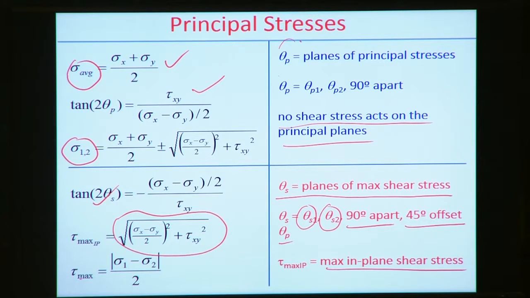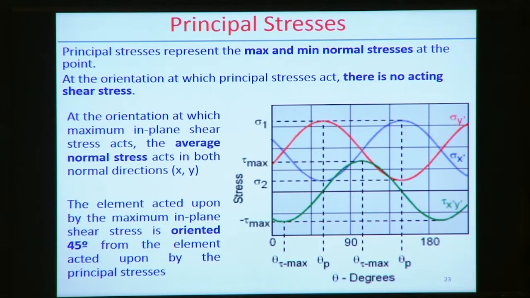Now, principal stresses represent the maximum and minimum normal stress, that is fine. At the orientation at which principal stresses act, there is no shear stress. From the graphical form we can find the variation of the different normal stresses and shear stresses.